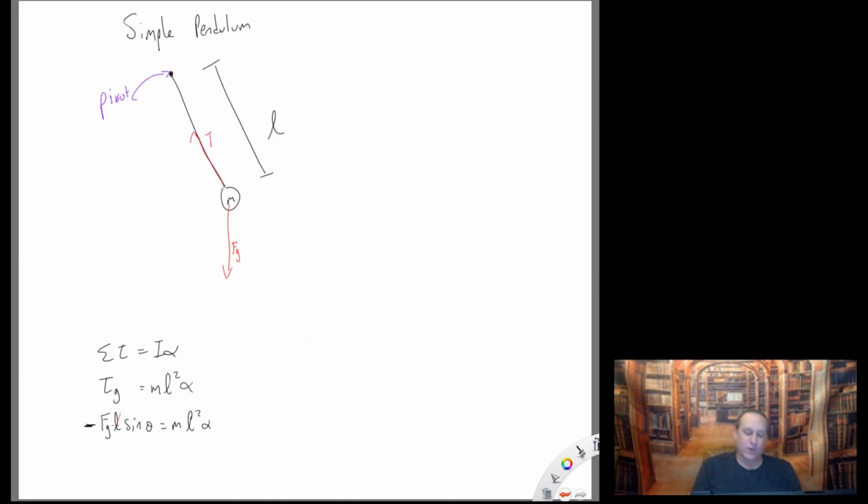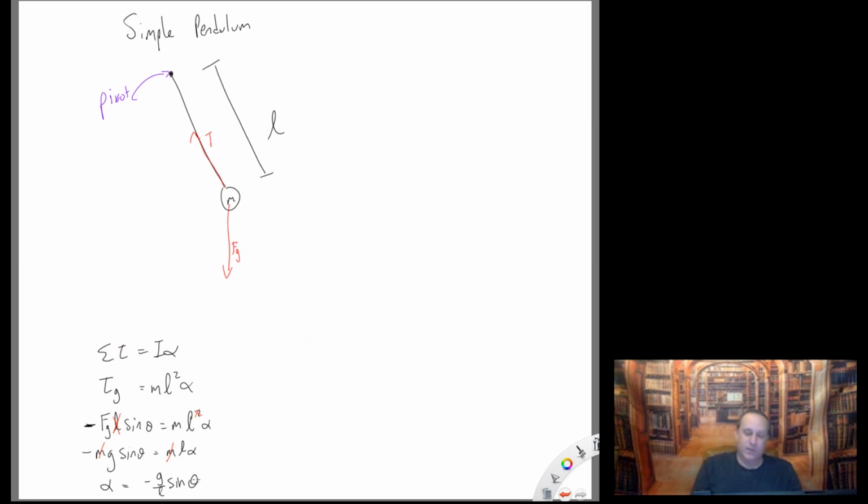We can cancel one factor of L, and if we write down the force of gravity as m times g, we can see that the m's also cancel. And our alpha is minus g over L times the sine of theta.